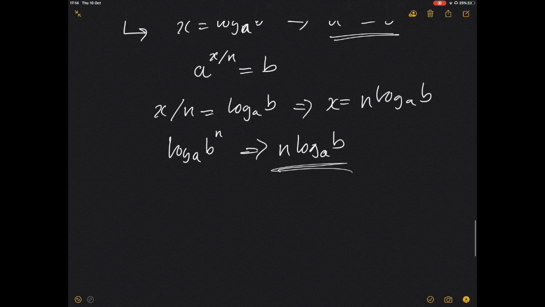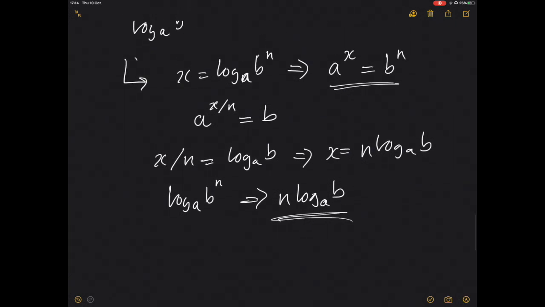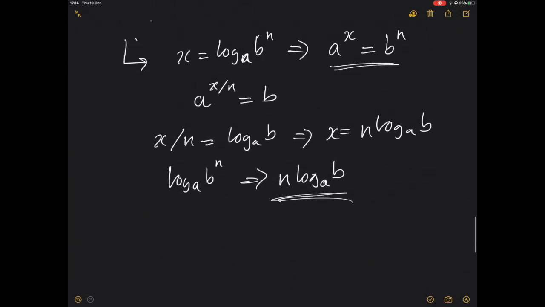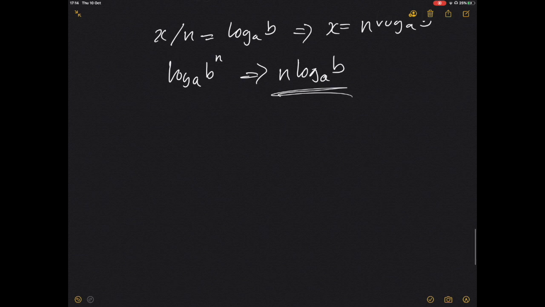So these are the proofs for the log rules. Don't worry if you haven't followed them. Just remember these are proofs, and the rules will be available on the exam formula sheet.